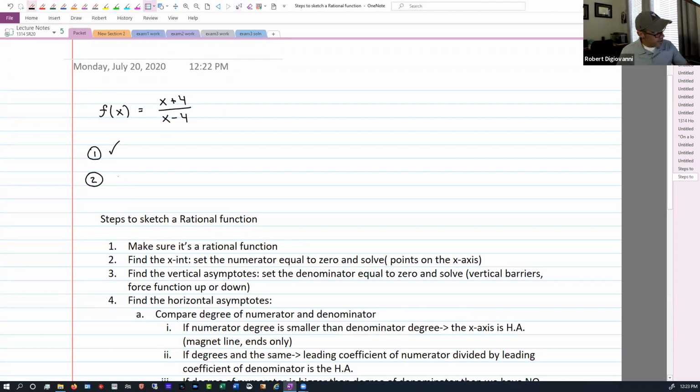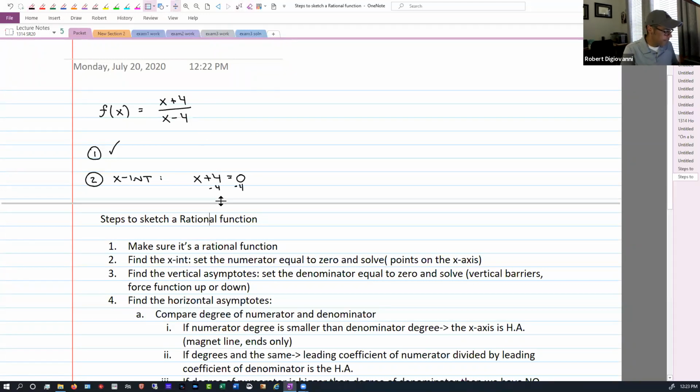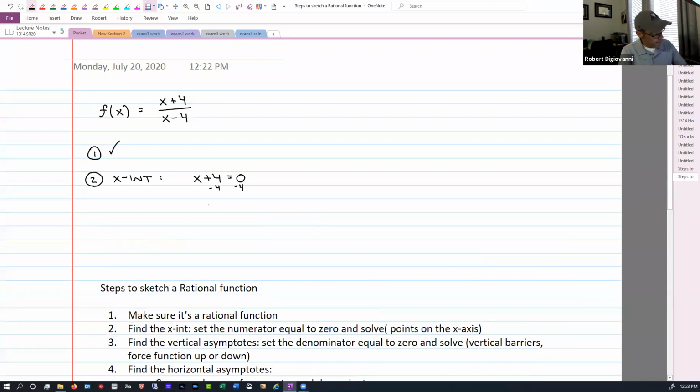So for the x-intercepts, we will set the numerator, which is x plus 4, equal to 0, and solve that. So we subtract 4, we get x is 4. Now remember, this is going to be a point on the x-axis.